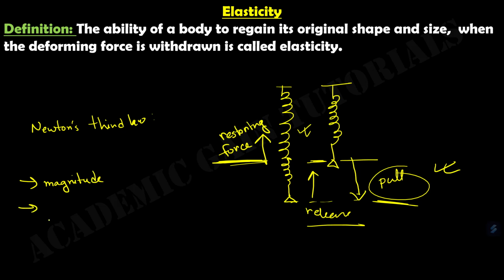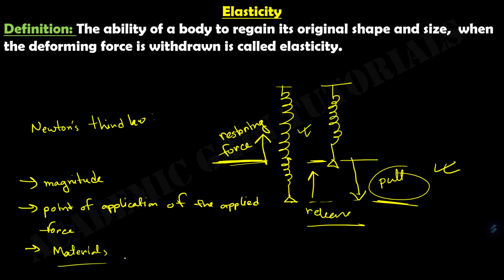Second, point of application of the applied force, that means at which point we apply the force. And the third factor is materials. The body is constructed with which materials.